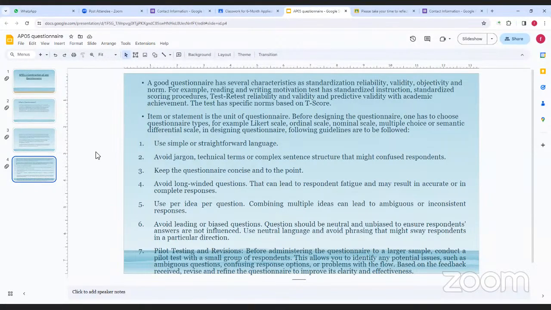Trait means the trait that is measured by the questionnaire. That will be relatively stable. And particularly in case of measuring personality, intelligence, aptitude, interest, you have to pay attention to the retest reliability.